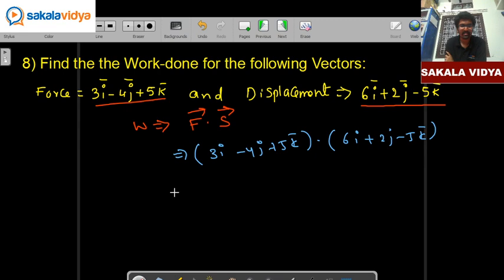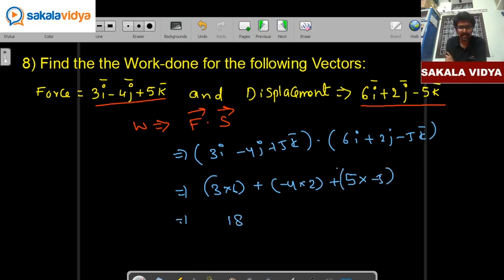So simply 3i minus 4j plus 5k dot product with the displacement 6i plus 2j minus 5k. So simply 3 into 6 plus minus 4 into 2 plus 5 into minus 5. So 3 sixes are 18, minus 4 twos are 8, minus 25.